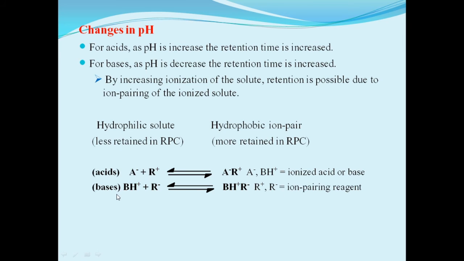Here for bases, BH plus plus R minus gives BH plus R minus. In the acid case, R plus is the ion pairing reagent, and in the base case, R minus is the ion pair reagent.